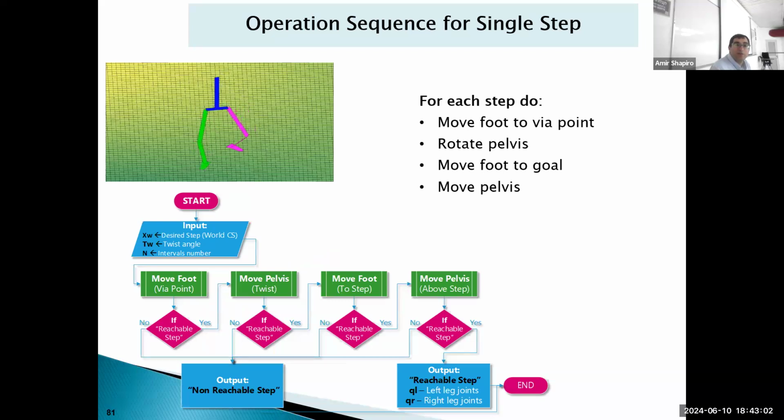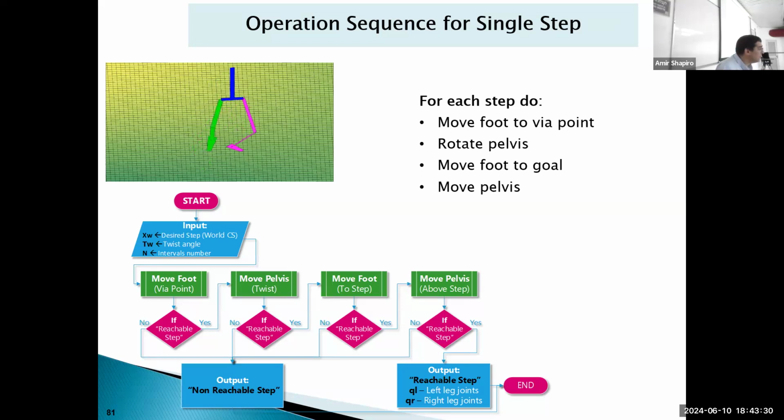For each step, we move the foot to some kind of via point, a waypoint in the middle, just to lift it and then move it to a point. We rotate the pelvis in order to allow a larger workspace for the leg.